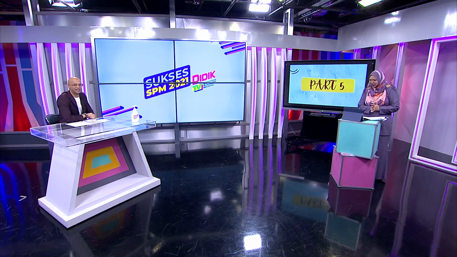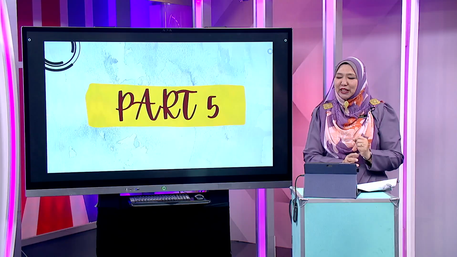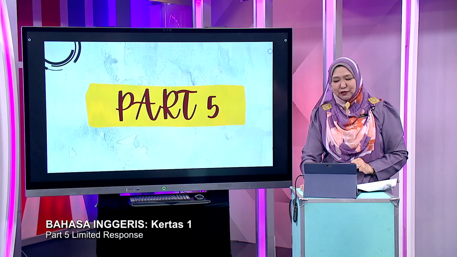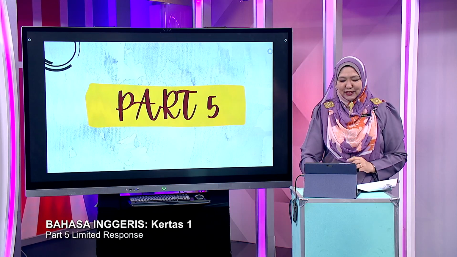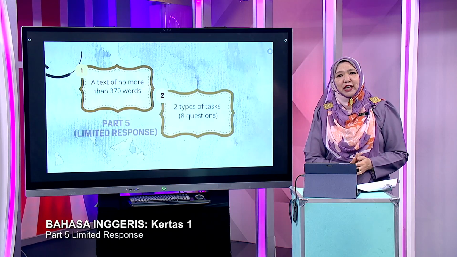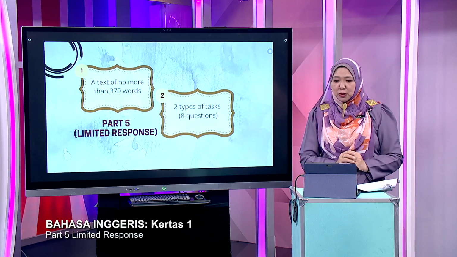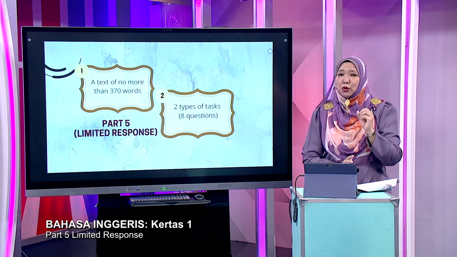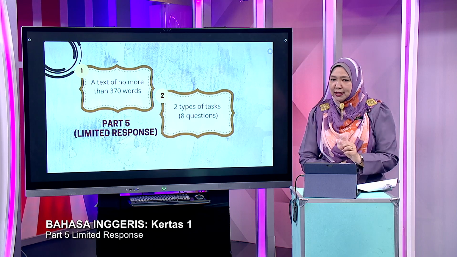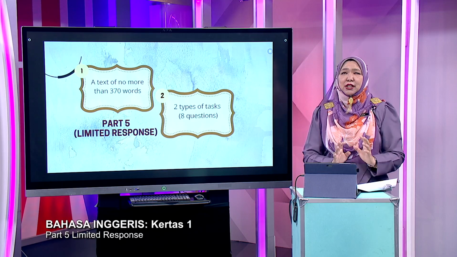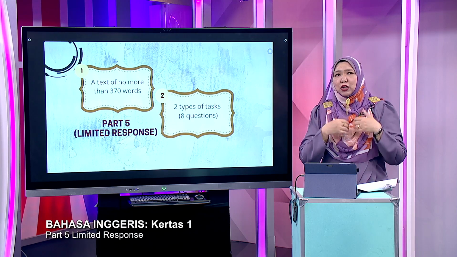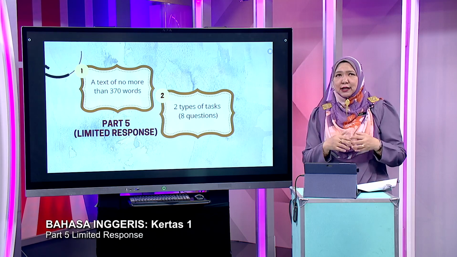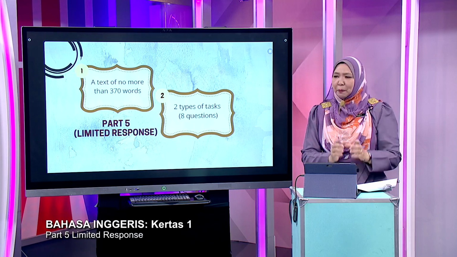Okay, thank you again, Sean. So we come to the last part of our paper 1, which is part 5. Now, what is in part 5? Part 5 we have limited response question. Here you will be given a text of no more than 350 words, and usually there are comments, opinions of people regarding a topic.